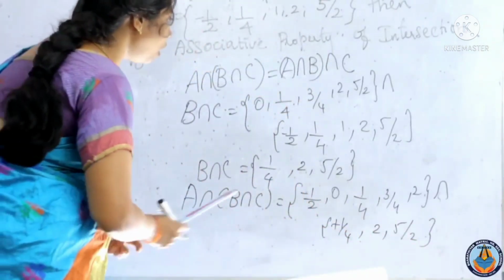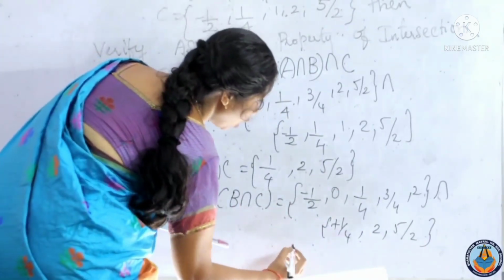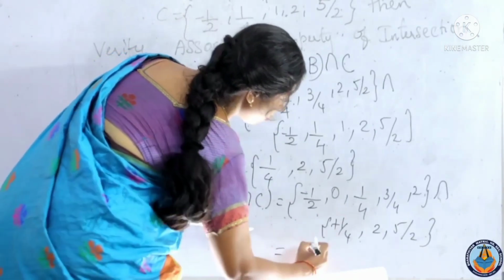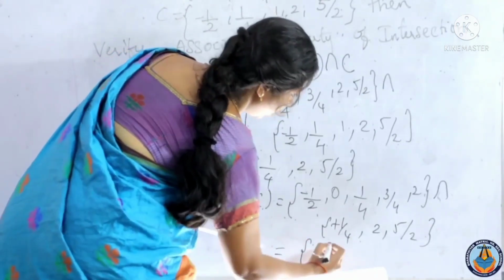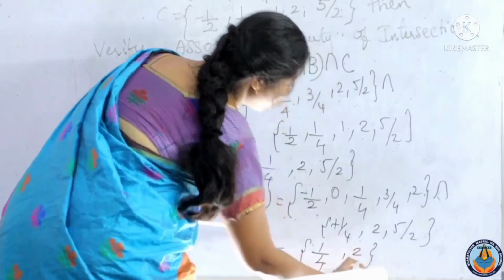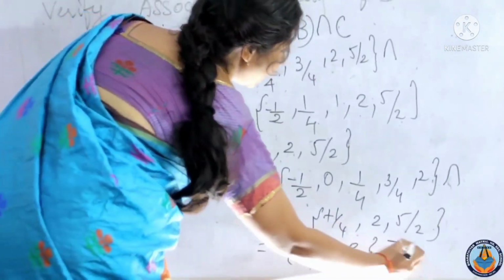You have to find out intersection for both. What are the common elements? So you have to write the common elements. 1/4, comma 2. These are the common elements. Mark it as 1.